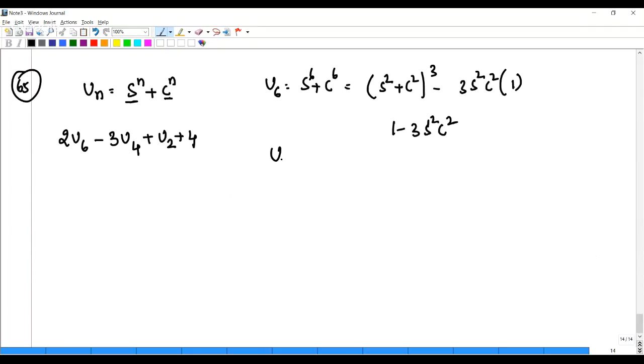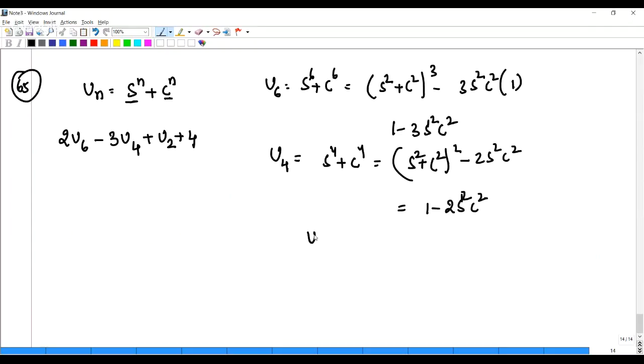In the same manner, u power 4, s to the power of 4 plus c power 4, equals s square plus c square whole square minus 2 s square c square, which equals 1 minus 2 s square c square. Anyway u2 equals 1. You put the values in it.